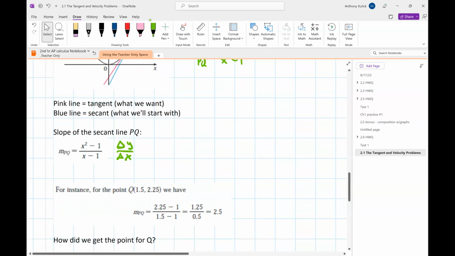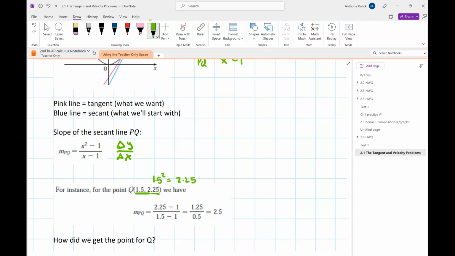For instance, if we consider the point Q to be x equals 1.5, then y would be 2.25, remember, y is just x squared, so that's where the 2.25 comes from. The slope there is 2.5.